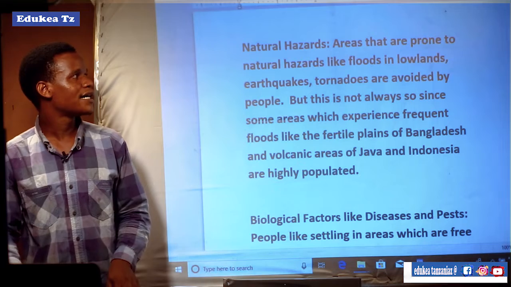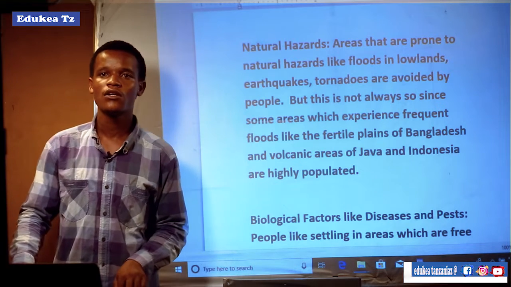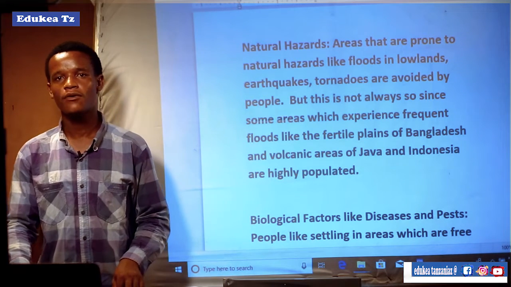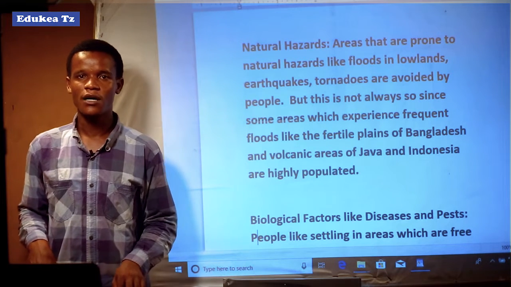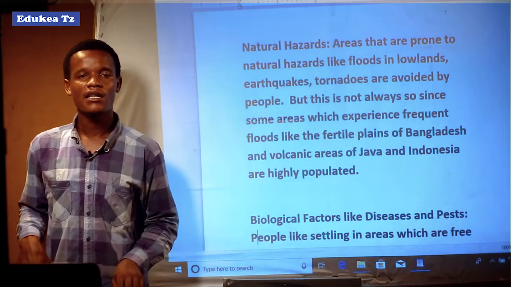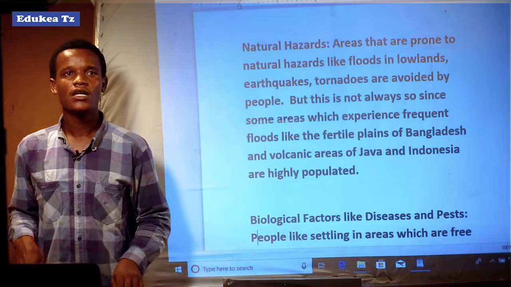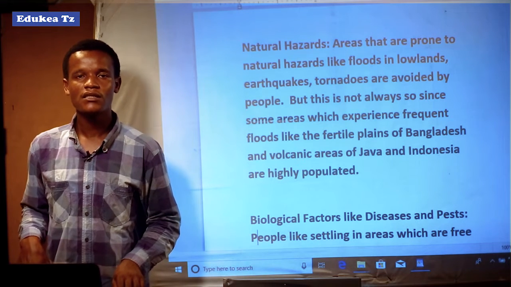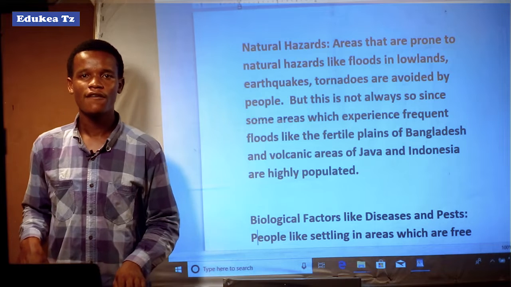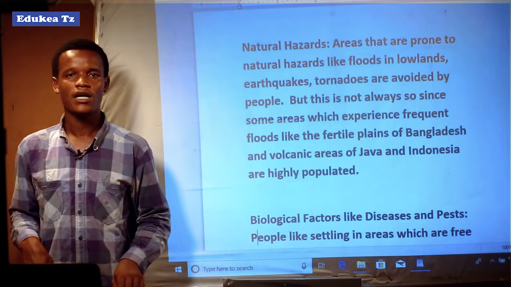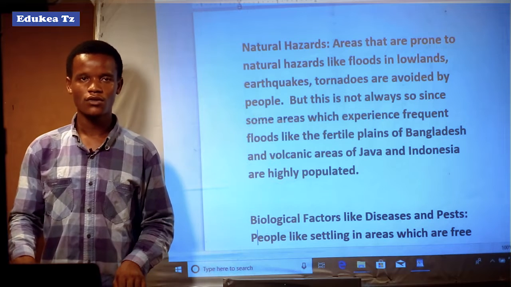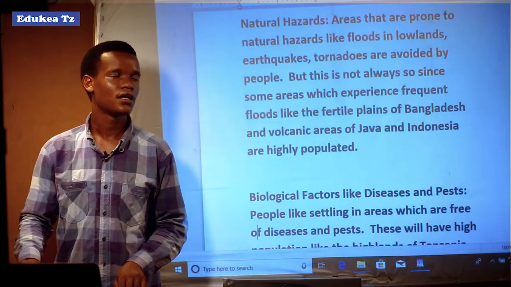Another is natural hazards. Natural hazards include different things, for example floods, earthquakes, tsunamis. All these are natural hazards. So the areas that experience these natural hazards will not have high population because people will not be attracted to live in these areas, so they tend to move to other areas.